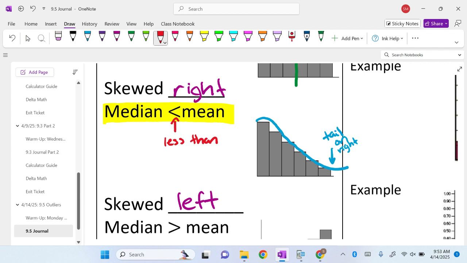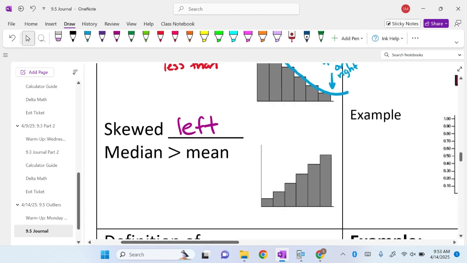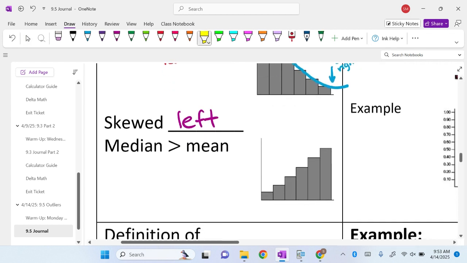For right now, I just want to make sure you can recognize it. So if that tail is on the right side, it's skewed to the right. If the median is greater than the mean, we're skewing left, meaning if we were to draw our curve, the tail is clearly on the left.